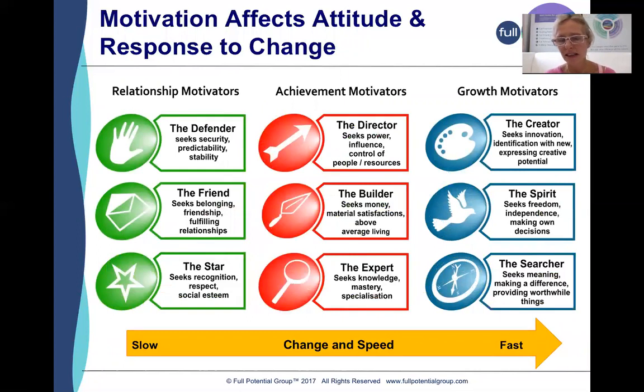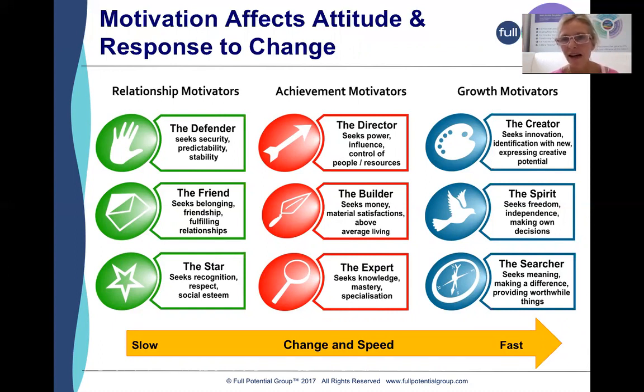The growth motivators are people who are quite creative, they love innovation, and you'll probably know people in your business who are like this. They're always coming up with new ideas, always wanting to improve things. That might be you, or somebody in your team that you know. But people with a strong creator motivator are really great change agents, and typically are very good at being catalytic leaders.